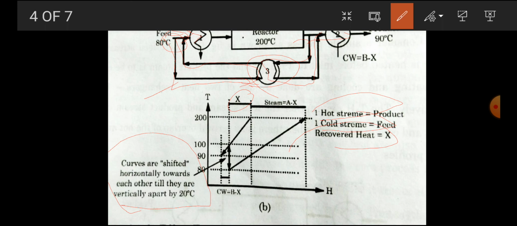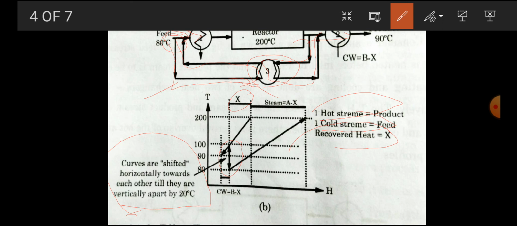So this minimum temperature approach between the two curves on the vertical axis is T minimum, and the point where this occurs is defined as the pinch. So this is the T minimum and this is called the pinch point.